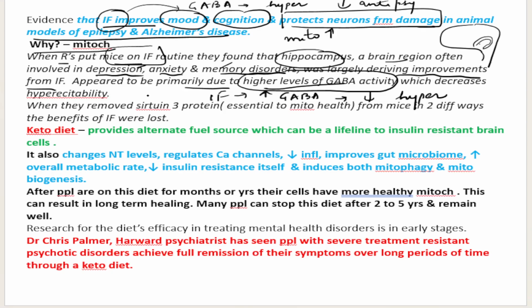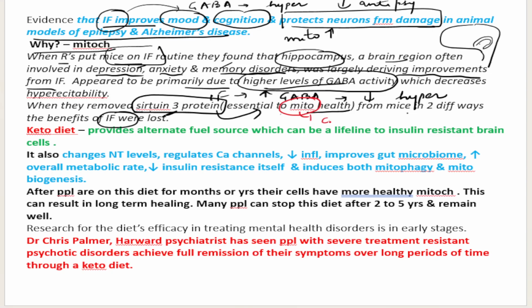Now, the researchers removed a protein called sirtuin-3. This protein is essential for mitochondrial health. When they removed this protein associated with mitochondria from the mice, the benefits of intermittent fasting were lost. So this means that the benefits of intermittent fasting were occurring through the mitochondria.